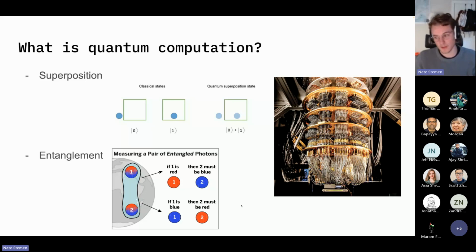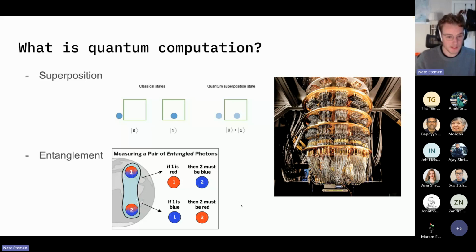And you may say, okay, isn't this a property that classical bits could have? If I have two bits, a bit just being a 0 or 1, couldn't I program it so that if I look at the first one, then the second one is the opposite of that? And that's true.